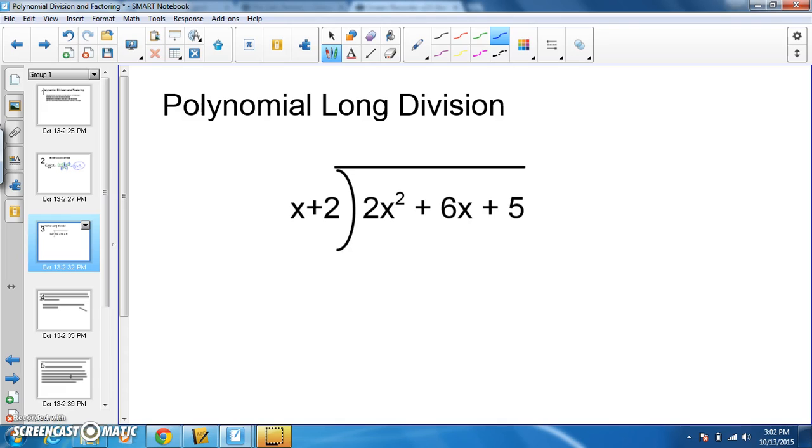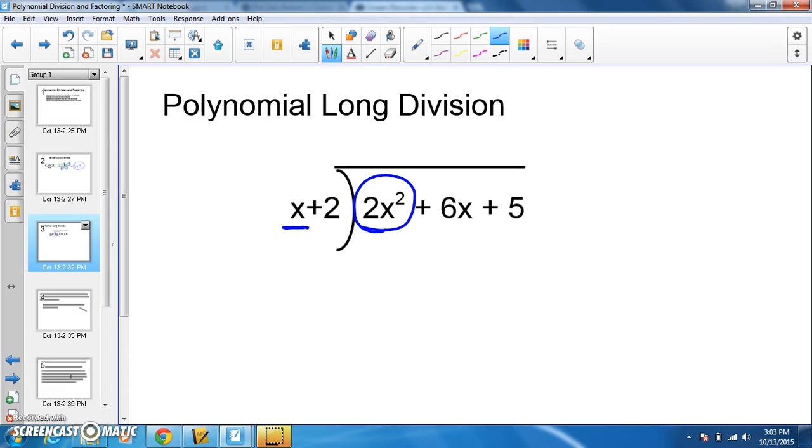We also divide polynomials using long division the same way we would arithmetically divide using long division. So we are going to first divide our leading term of the dividend, which is 2x squared, by the leading term of the divisor, which is x.